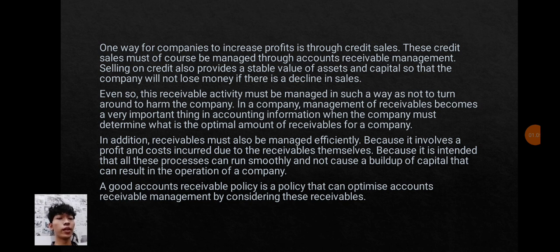In addition, receivable must also be managed efficiently because it involves a profit and cost incurred due to the receivable themselves. It is intended that all this process can run smoothly and not cause a build-up of capital that can disrupt the operation of a company.